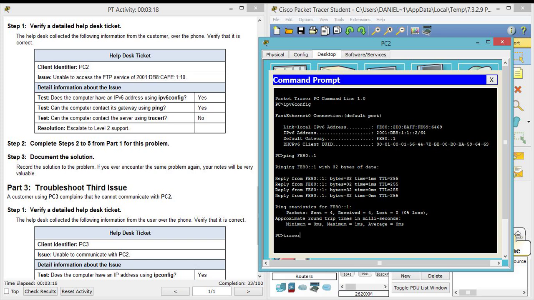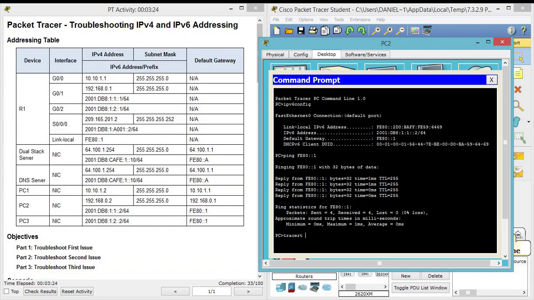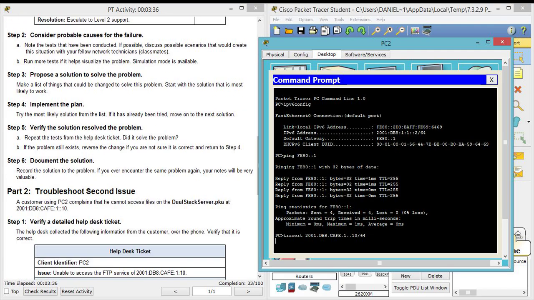We can see that it is able to tracert the server. Or actually cannot tracert the server.